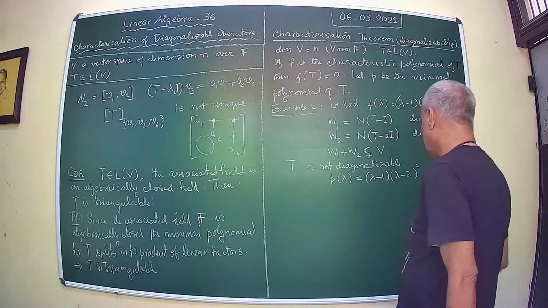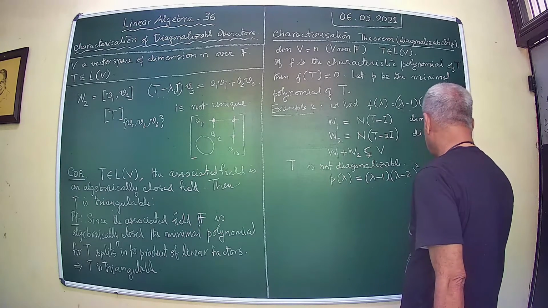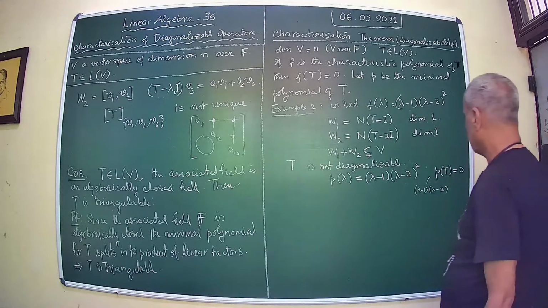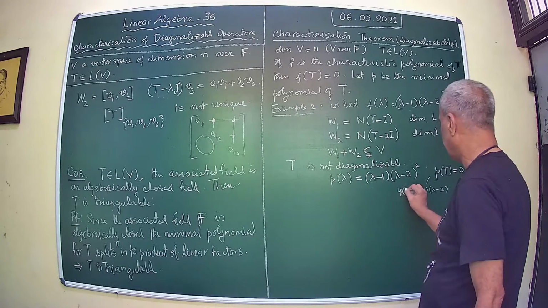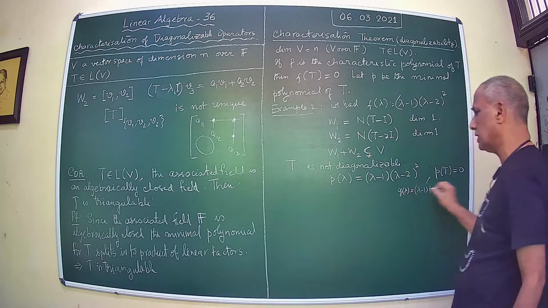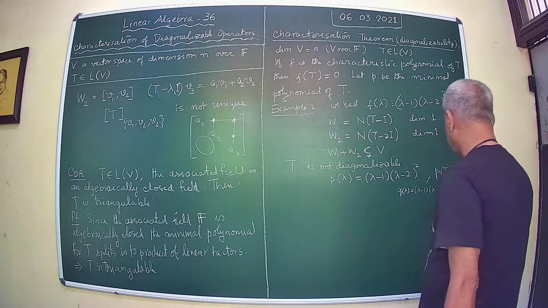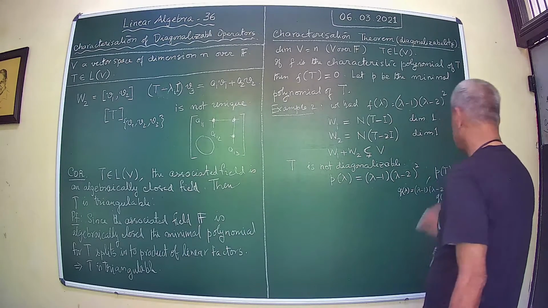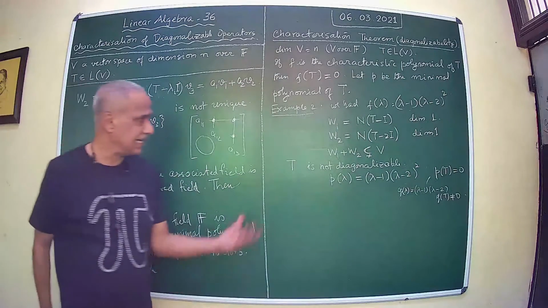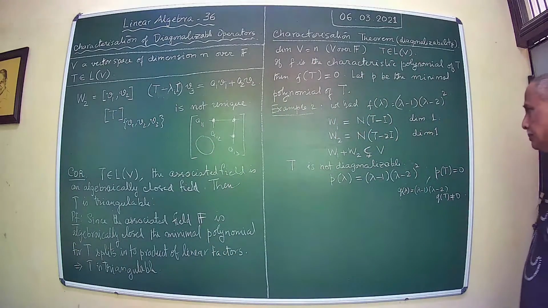But lambda minus 1 into lambda minus 2 probably divides F lambda. If you take G lambda to be equal to this, then G is a possible candidate to be the minimal polynomial, but Gt is not equal. That's the problem. It is not diagonalizable because we didn't get enough eigenvectors to span the vector space.